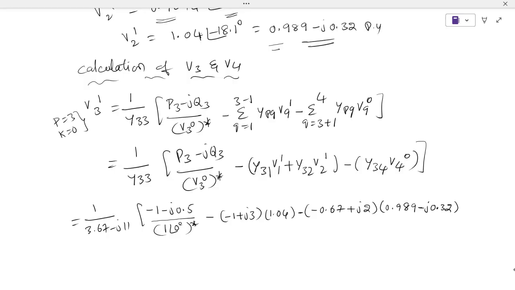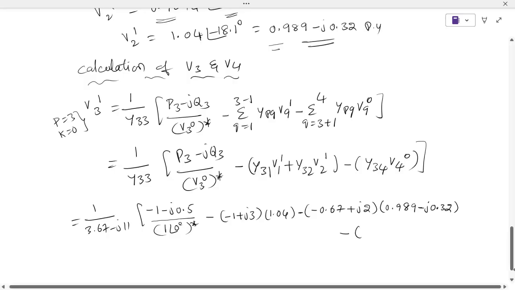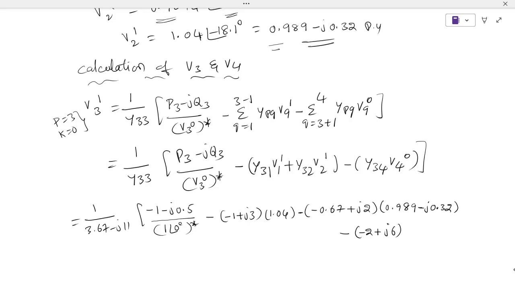Now the last term we are expanding, that is minus Y34, that is minus 2 plus j6, into V4, as per flat voltage profile 1 at an angle 0, that is 1.